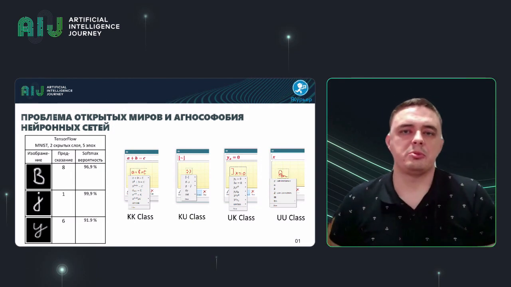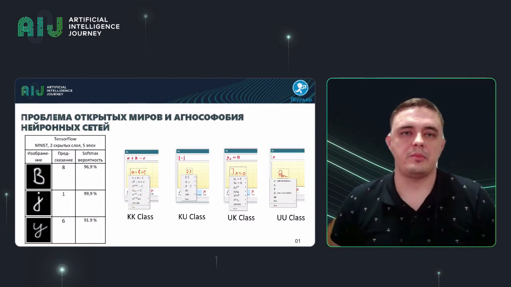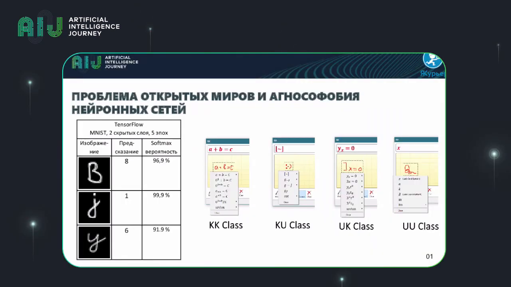The simplest example here would be sending a feed of handwritten letters. TensorFlow is showing you the output, for example B, J, and Y that are handwritten, and they are recognized as predicted with a high prediction and high softmax probability.